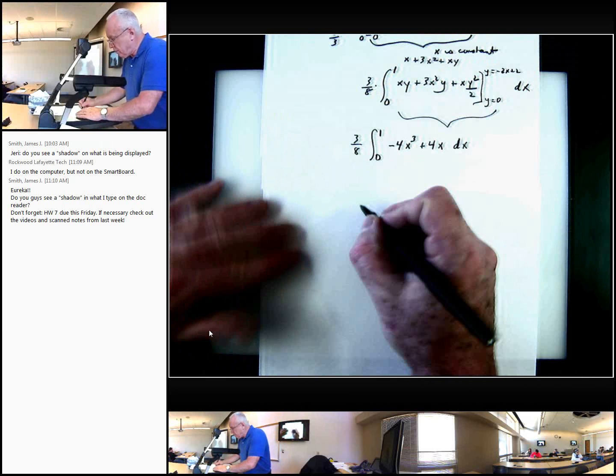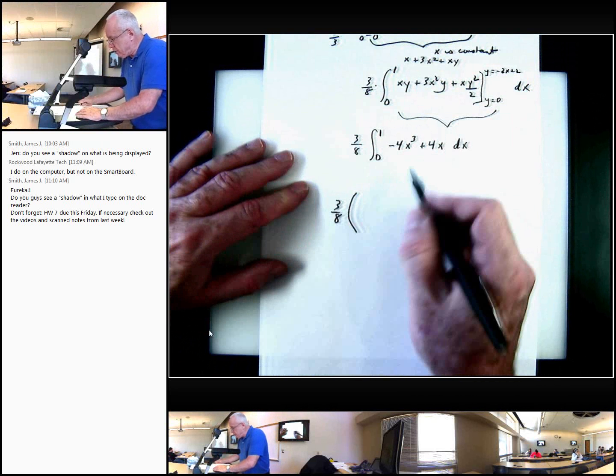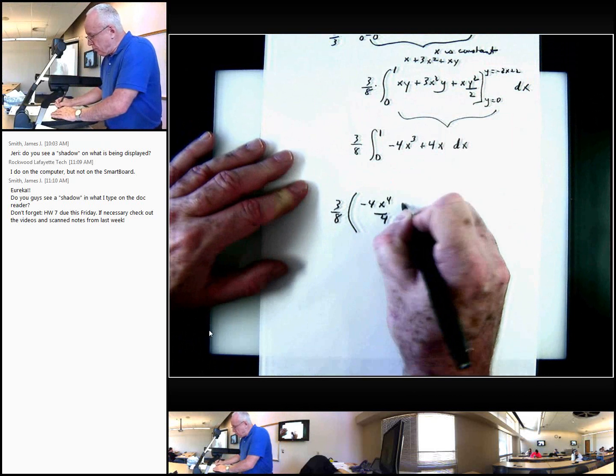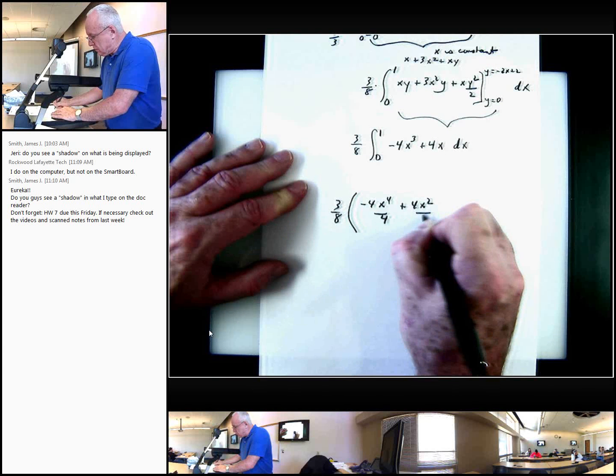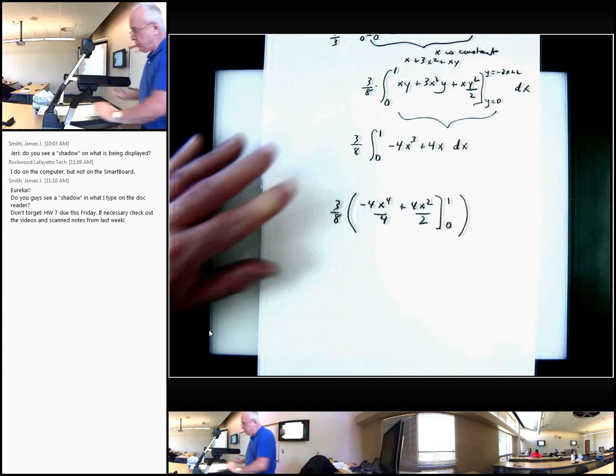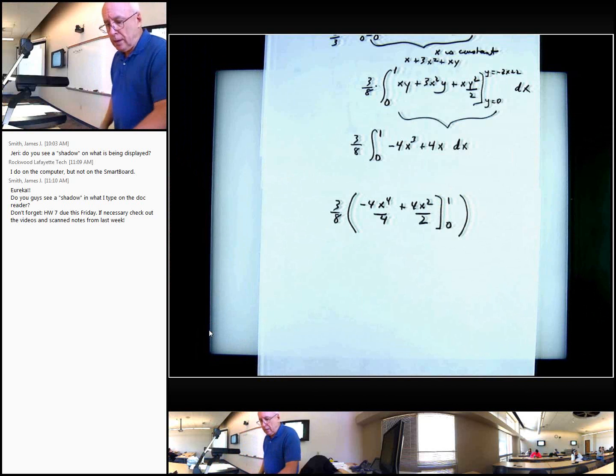Let's put the 3/8 down here. Minus 4x to the fourth over 4 plus 4x squared over 2, and we're evaluating it from 0 to 1.